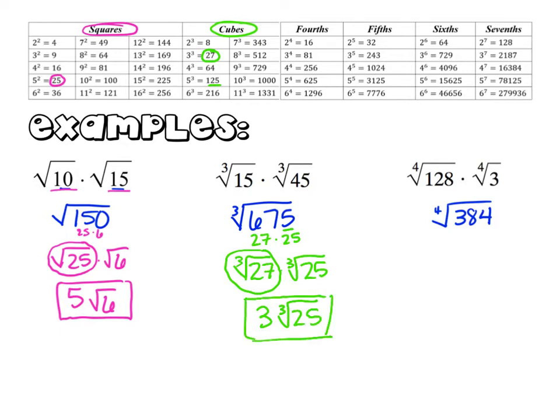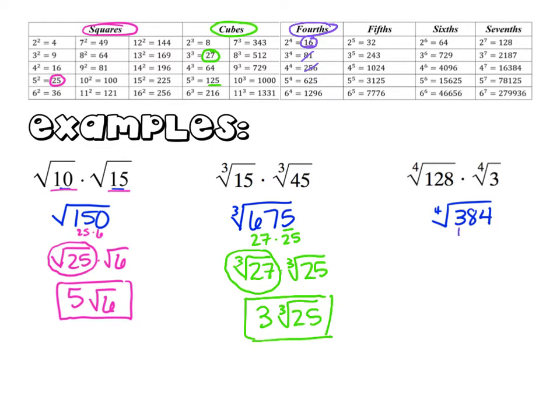So these were adding that one step from yesterday where we first had to multiply those values together. Then we simplify the same as yesterday. So fourths, what perfect fourth can I divide 384 by? If I look and try a couple, I can't divide it by 256. Try 81, but that didn't work, so it must be 16. Yep, 16 works.